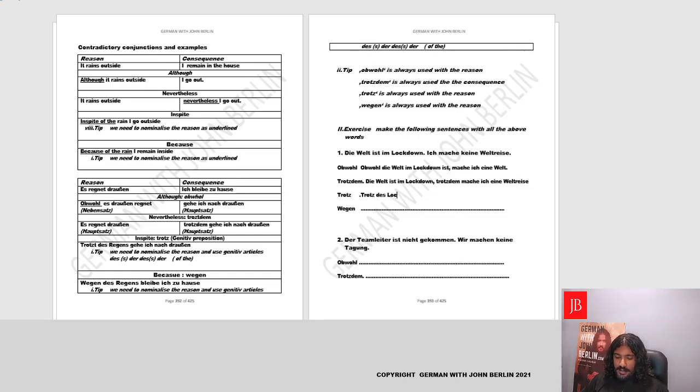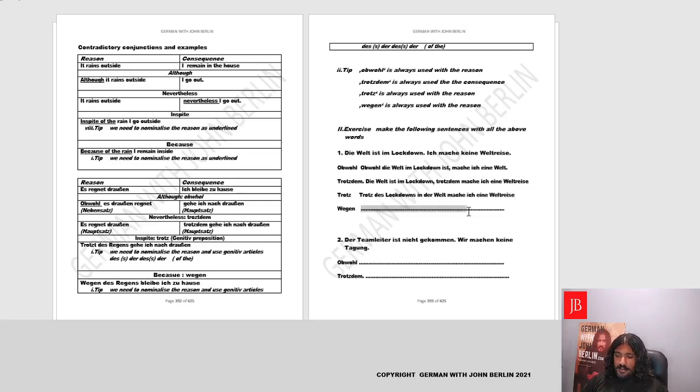Trotz des Lockdowns in der Welt. Lockdown is called Einschließung if you want the complete German word. Einschließung, yeah. You know, trotz these lockdowns in der Welt, yes, I do a world trip. Mache ich eine Weltreise. Yes, fantastic.